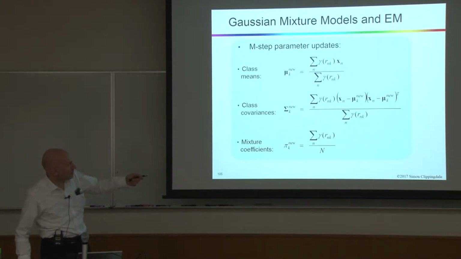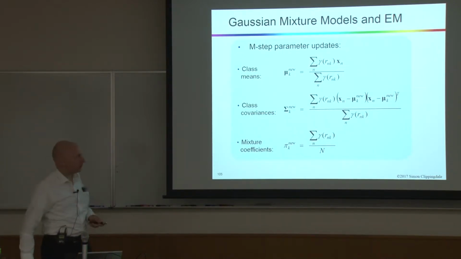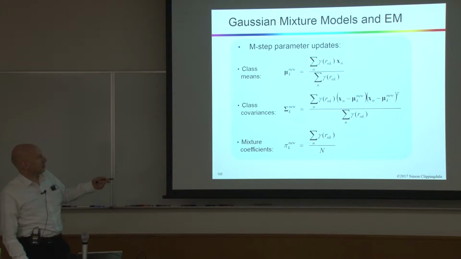This is a weighted mean of the outer product, that's a transpose up there. So this is an outer product within the kth class, which describes the ellipse that shows how the class covaries. And the mixture coefficients, the updated version, is just an average of these updates here.